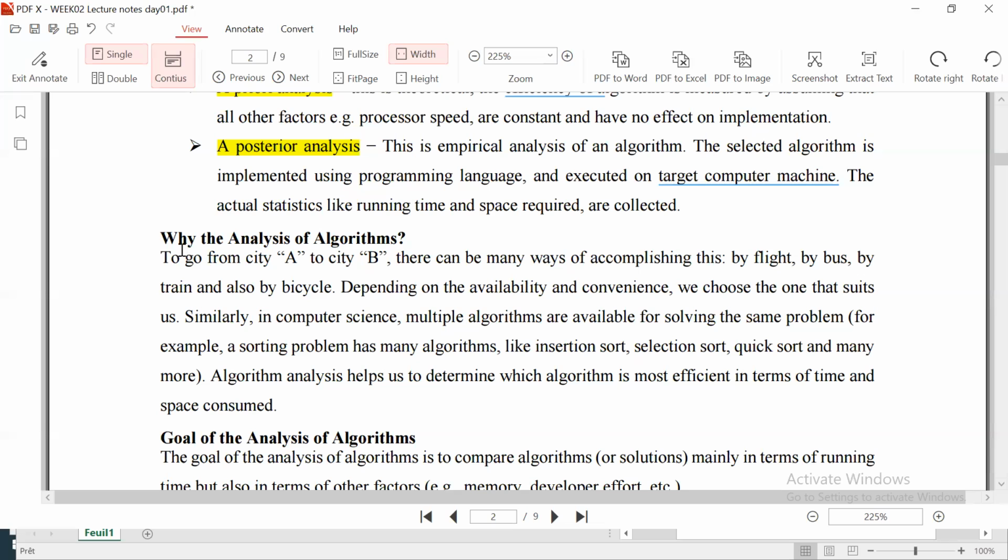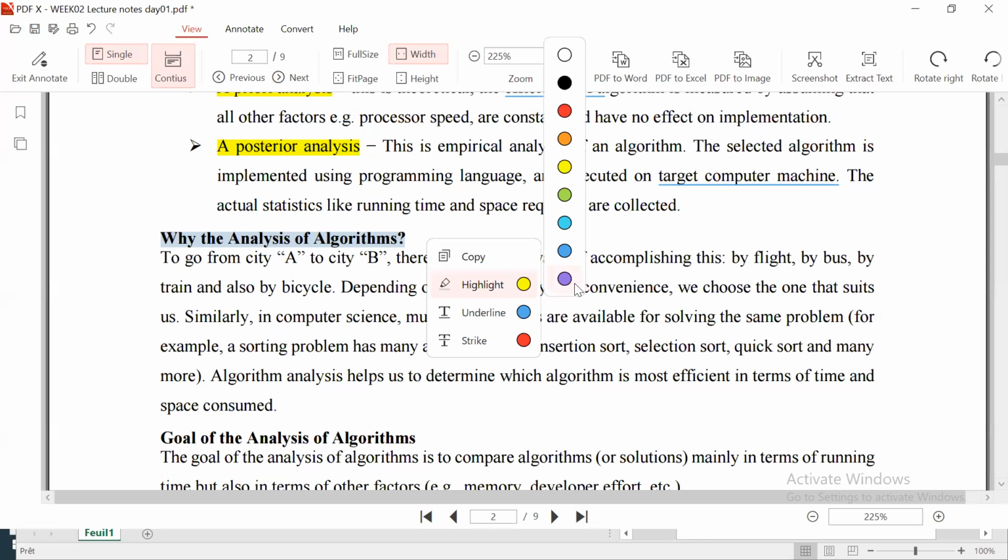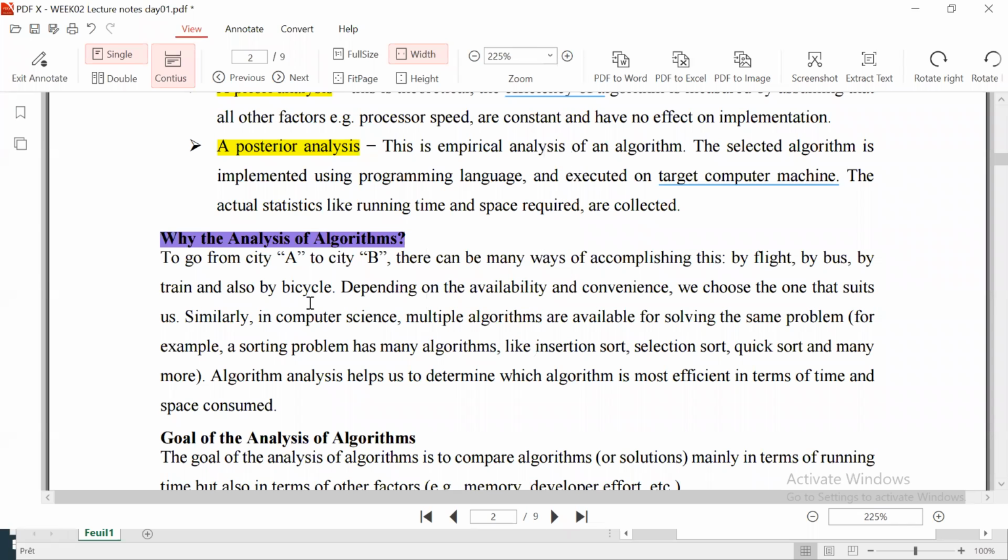Now, what is the need for analyzing algorithms? That's a big question. What do you think is the need for analyzing algorithms? Why? Because to solve a particular problem, a simple scenario is taken here: maybe you want to go from a city A to city B.